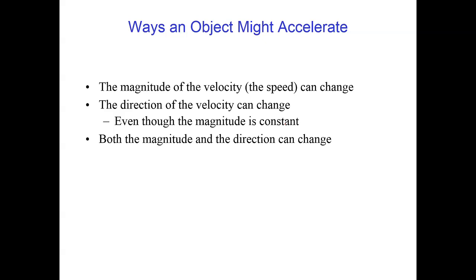So literally the question we just did, if the acceleration is perpendicular to the initial velocity, then your object turns. Also, both the direction and the magnitude of the velocity can change. So we can speed up as we go into a turn, or brake as we go into a turn. Both of those are plausible situations, and so that will change both the magnitude and the direction of our velocity.